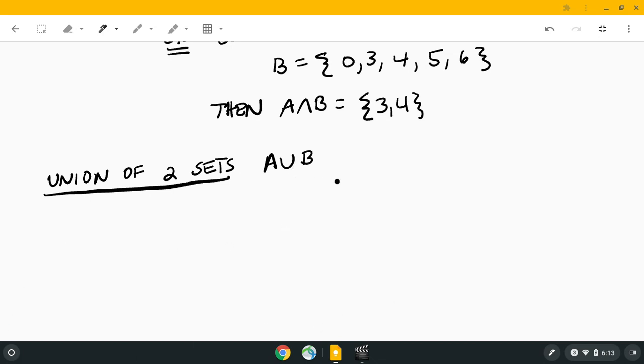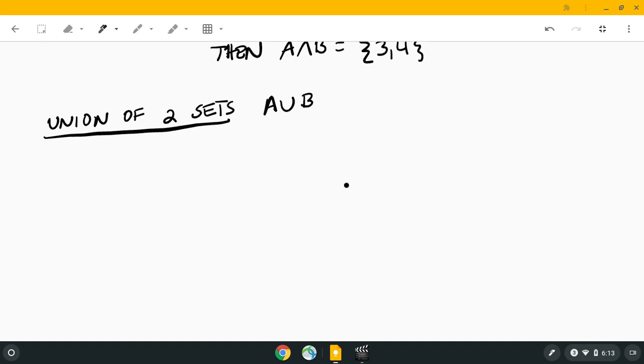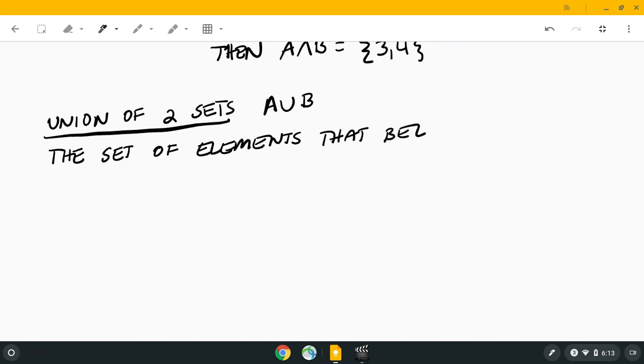A union B is the set of elements that belong to set A or set B or both.